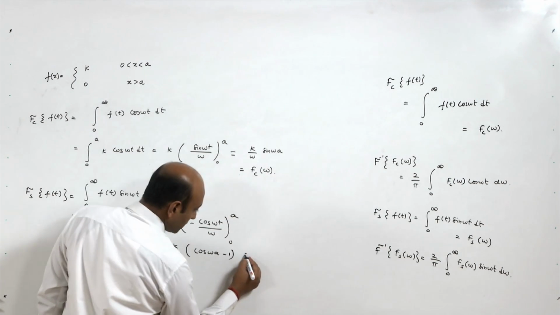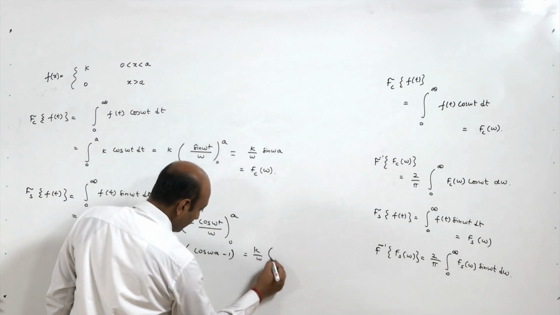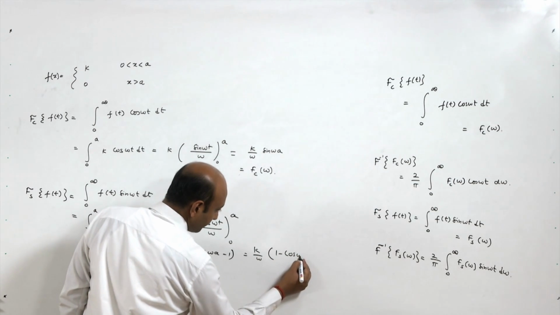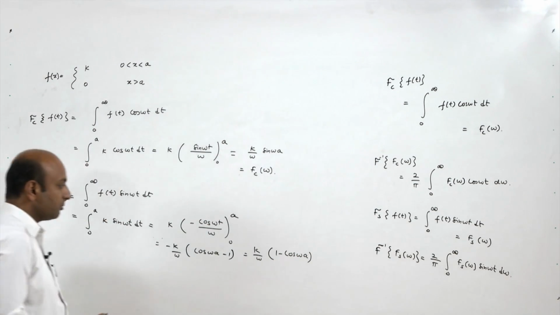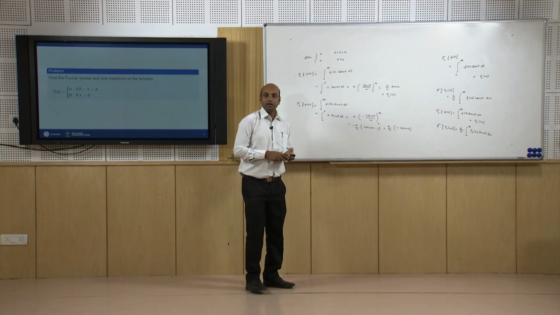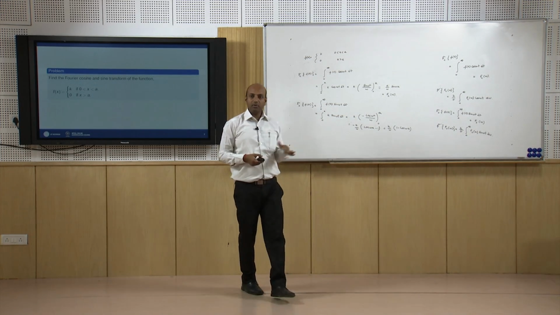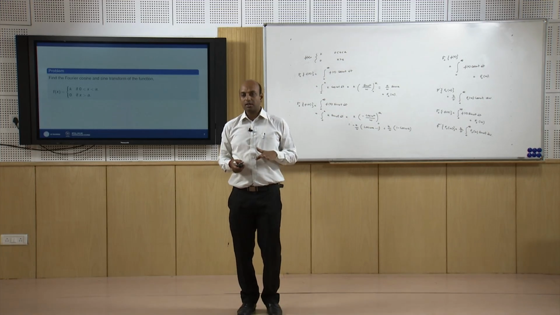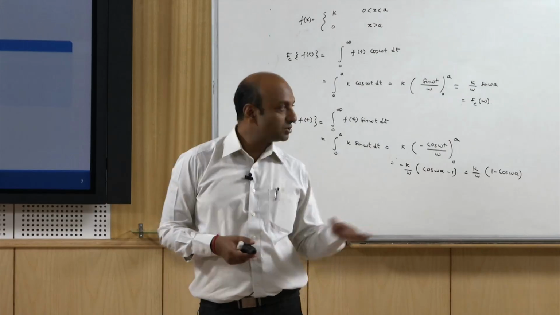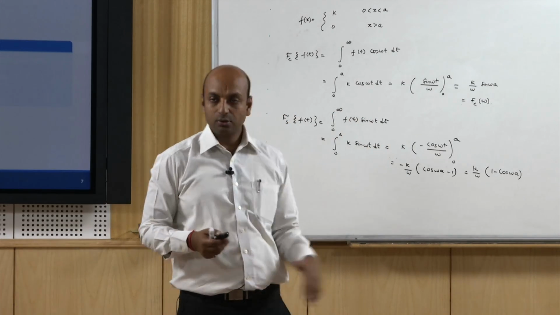So, it is k/ω times (1 minus cos ωa). This will be the Fourier sine transform of this function f(t). In this way we can find the Fourier cosine or Fourier sine transform of any function f(t) using these expressions.